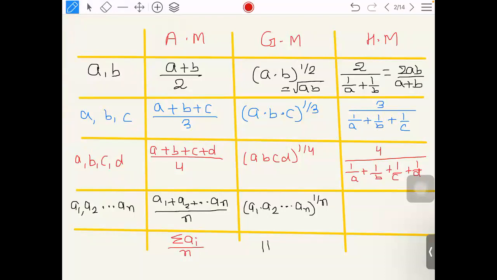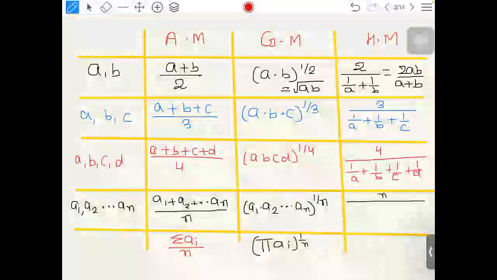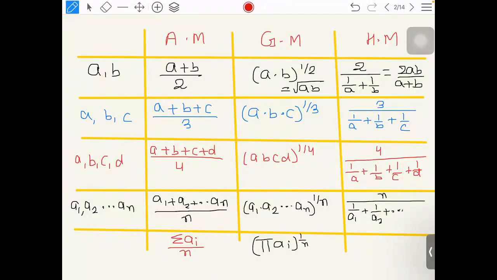It can also be written as the product of all the terms raised to 1 by n. While HM can be written as n upon (1 by A1 plus 1 by A2 plus dot dot dot 1 by AN), or in another way, n by sigma 1 by AI.